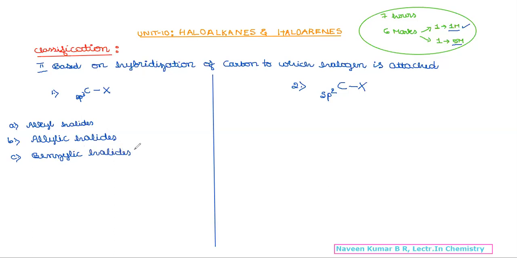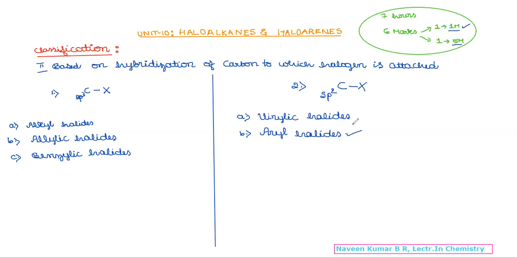The halogen attached to an sp3 hybridized carbon atom: we have alkyl halides or haloalkanes, allylic halides, benzylic halides. And here we have vinylic halides and aryl halides.